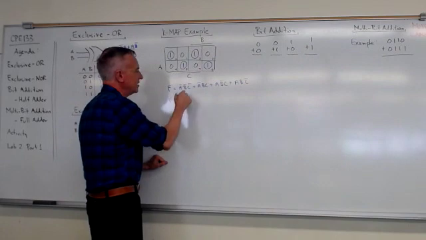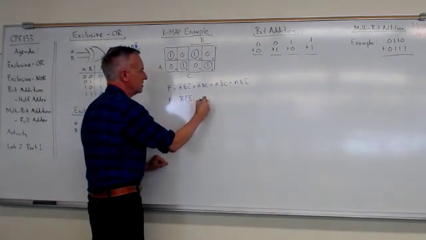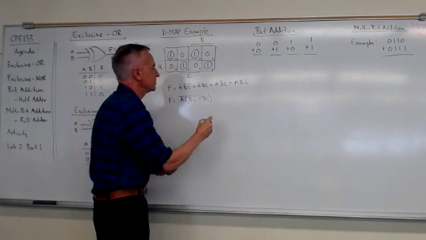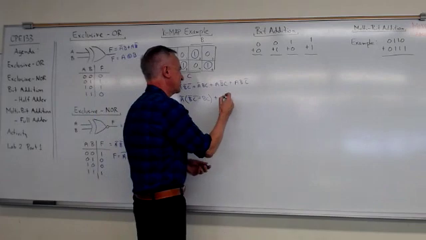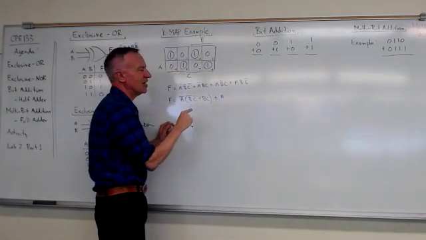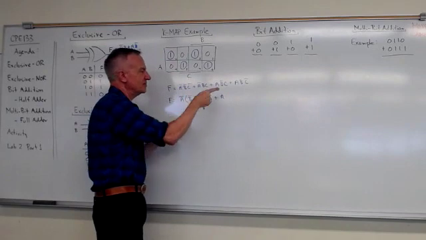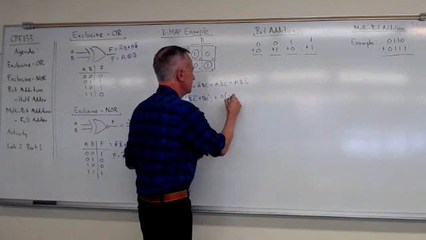So for these two terms, I'll factor out a not A. For these two terms, I'll factor out an A. Now, there's more than one solution to this, by the way. You could do different factoring, but I'm just showing you this one.